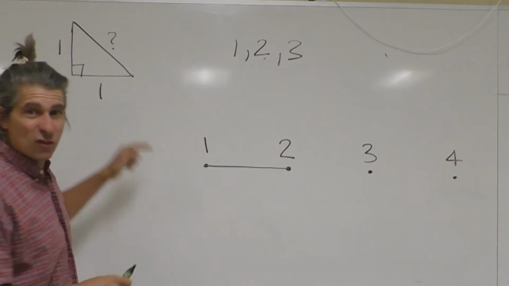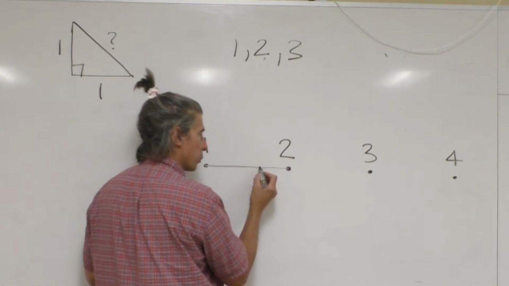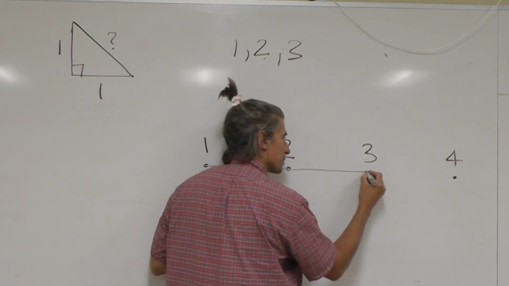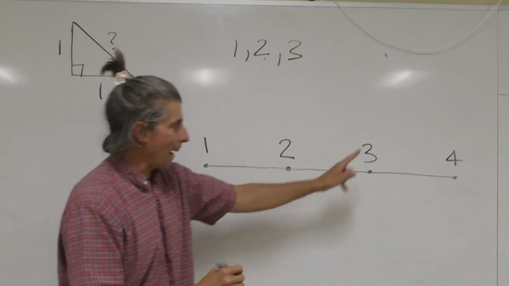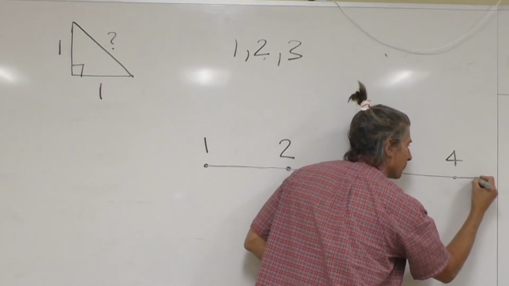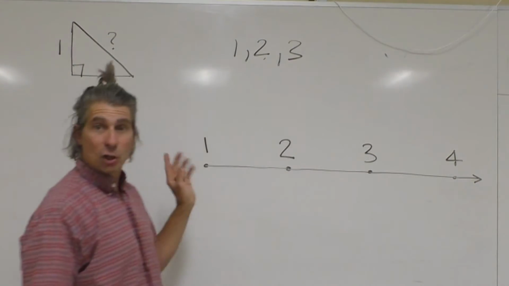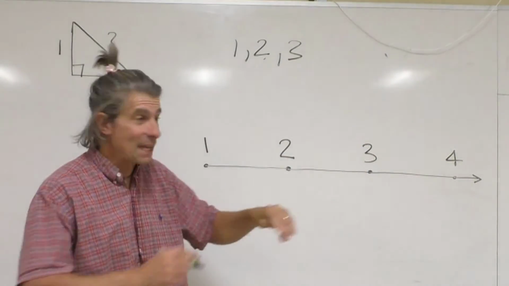Questions like this forced humanity to deal with the space between these numbers. It wasn't just discrete points, bop, bop, bop. It was a continuum. We very often put an arrow going outward forever to indicate that there is no stopping. You can keep adding and adding.